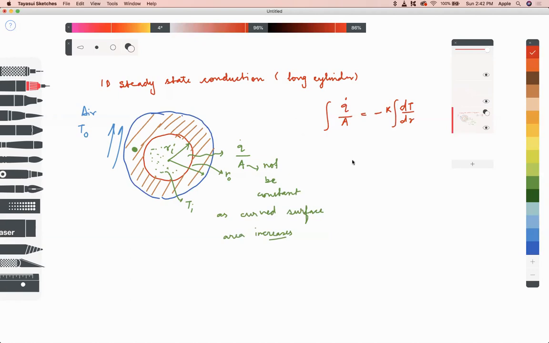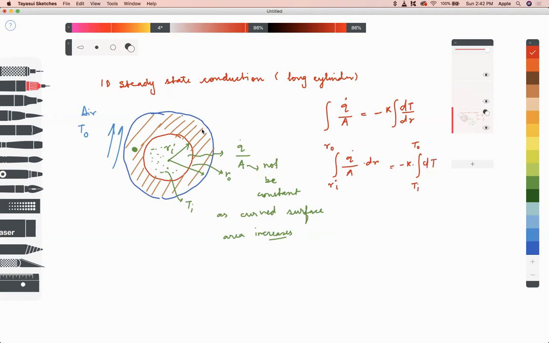Let's make some adjustments. So first we will write Q dot by A into dr, and this will be integrated from Ri to R naught, and this side it will be minus K, and integration from Ti to T naught, and this will be dT.